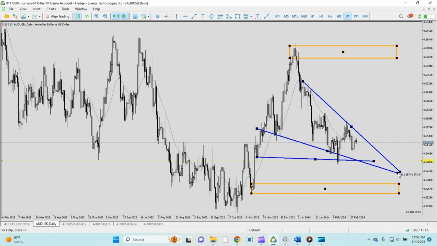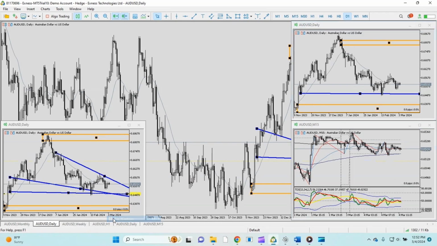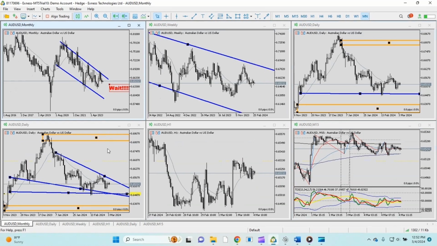All these things are a kind of extra confluence in trading. So nothing much in Australian dollar USD. We are in waiting mode. We are waiting for a potential setup.